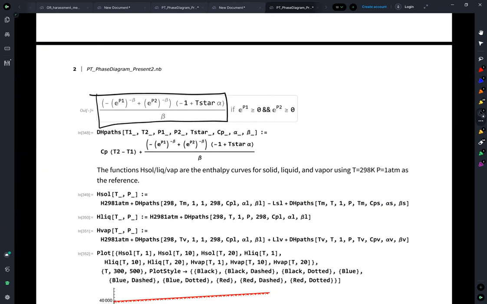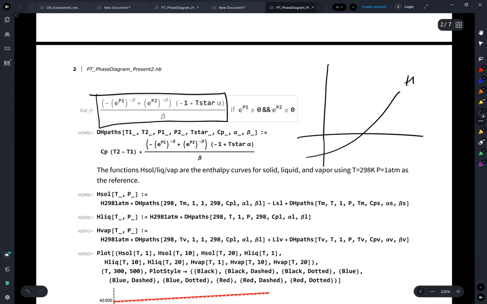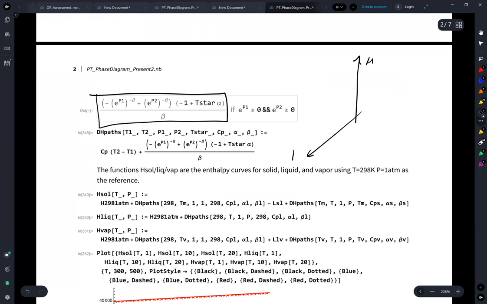So if you're on an enthalpy curve and you're at some temperature T1 and P1, maybe I should draw this in 3D, huh? H, temperature, pressure.